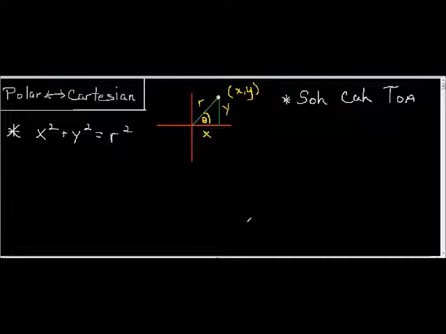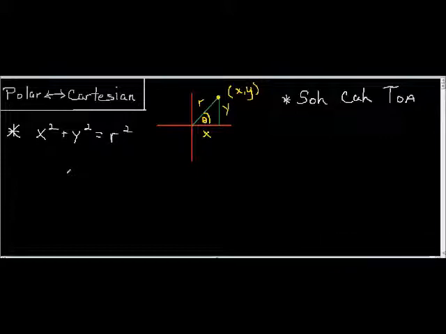And then also you just need your SOHCAHTOA principles for trigonometry, your sine, cosine, and tangent. So given these two concepts, Pythagorean theorem and your SOHCAHTOA, you can solve any polar Cartesian problem that comes your way.